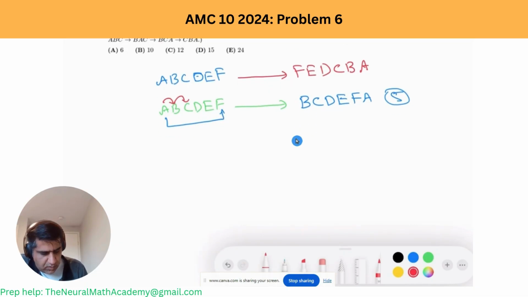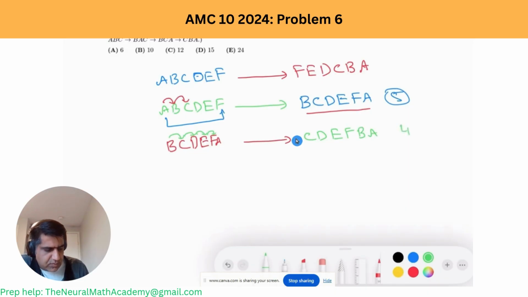Now we have this string, so we will now swap B to F. For that we need to make 4 swaps, right? Because we will make 1, 2, 3, and 4. That would give us then C, D, E, F, B, A after 4 swaps.